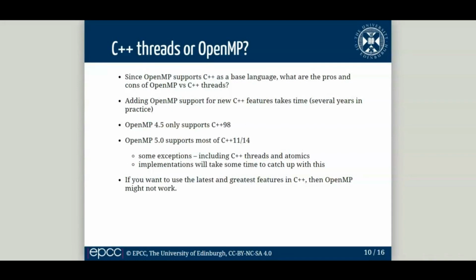There are some exceptions, including threads and atomics. If you want to use the latest and greatest features in C++, OpenMP might not work. Just keep an eye on it. The thing is, if these new features are not supported, there is always a workaround.